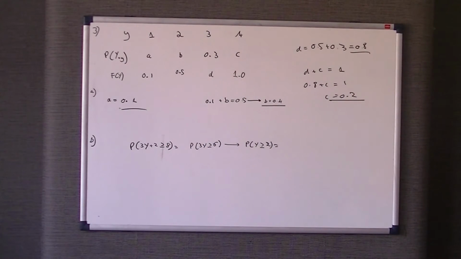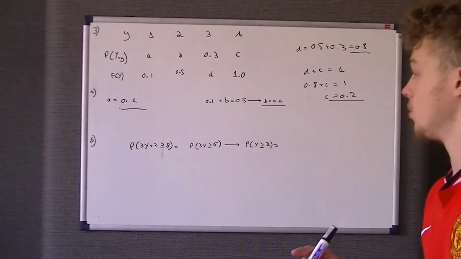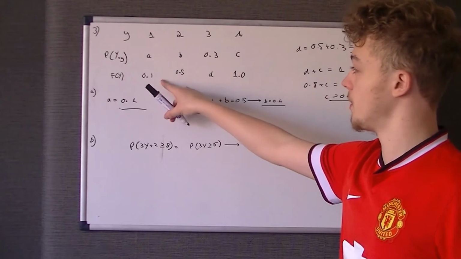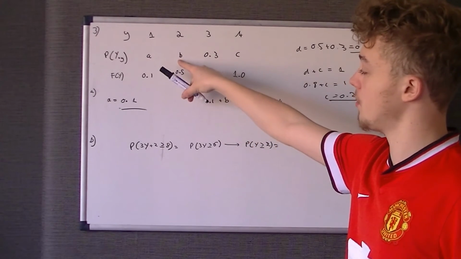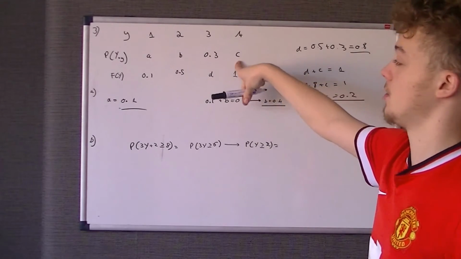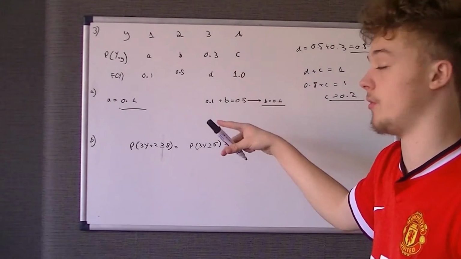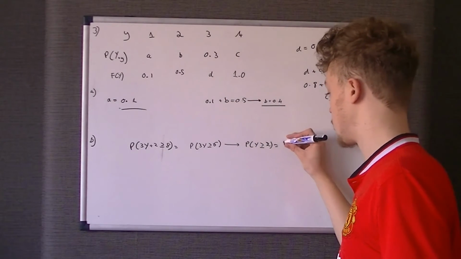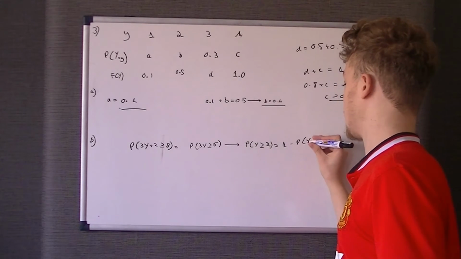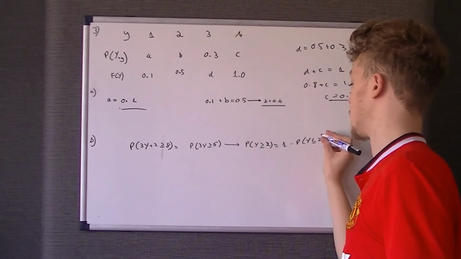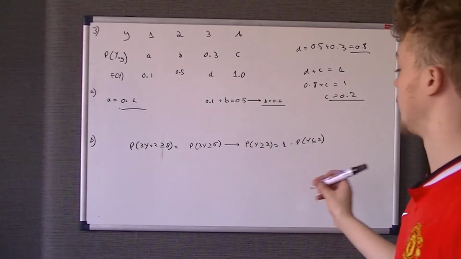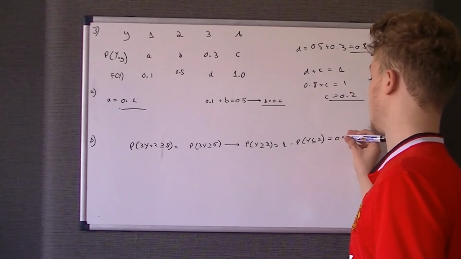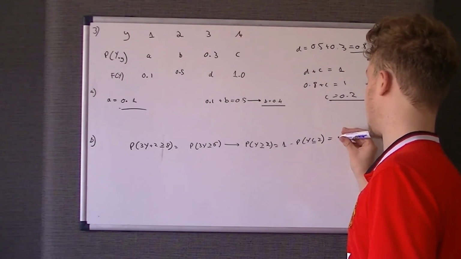Well, the probability that y is greater than or equal to 2. If it's greater than or equal to 2, you do the probability of 2, 3 and 4 added together, or, because there's only 1, 2, 3 or 4, it's 1 take the probability of y being less than or equal to 1, which is 1 take 0.1, so the answer is 0.9.